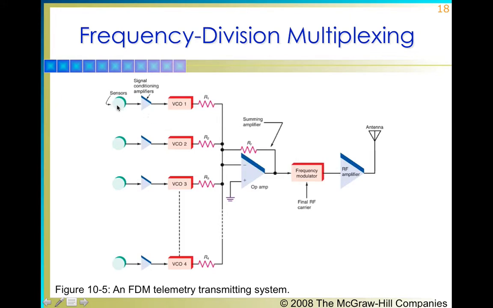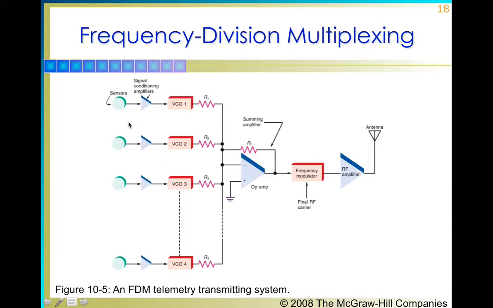So what happens over here is that the resistance of the sensor varies with the temperature, and that signal is conditioned over here. Due to the change in temperature the resistance changes, and due to the change in the resistance the voltage also changes, and due to the change in the voltage the oscillations in the voltage controlled oscillator also change.